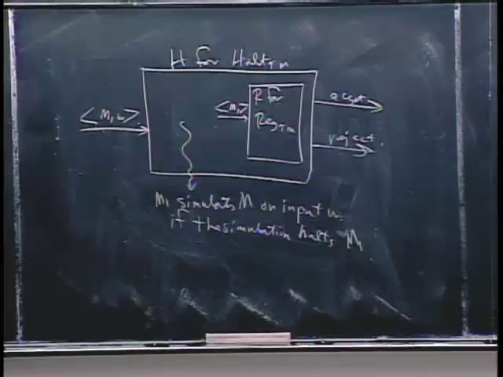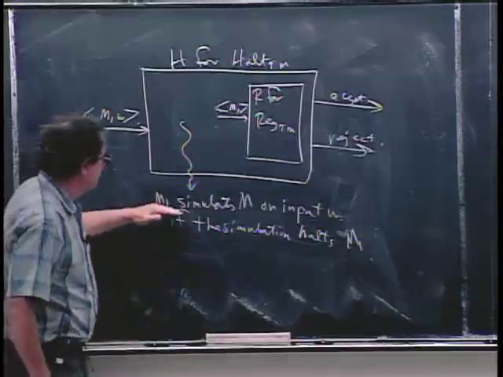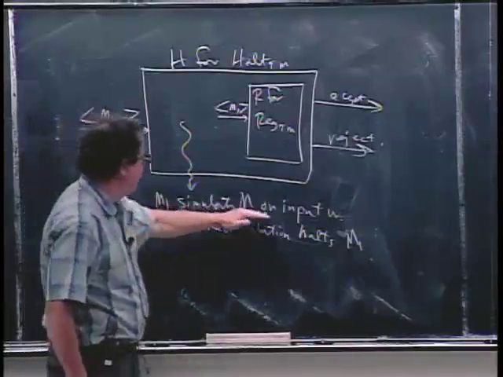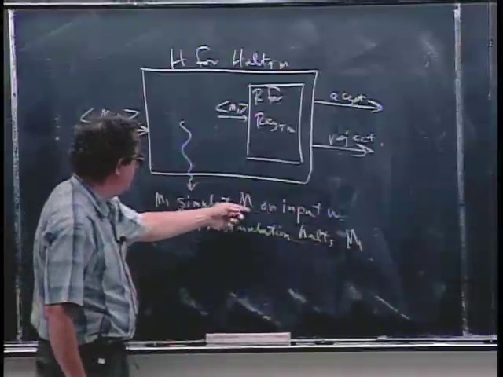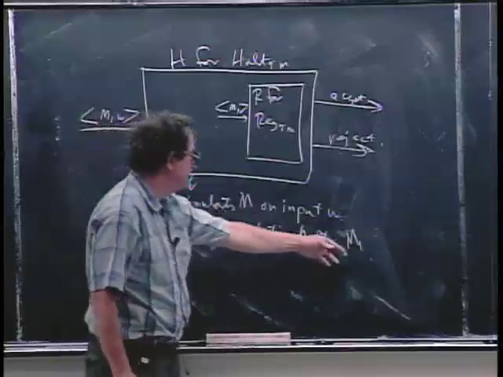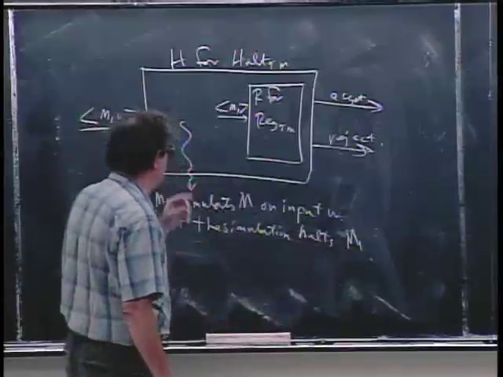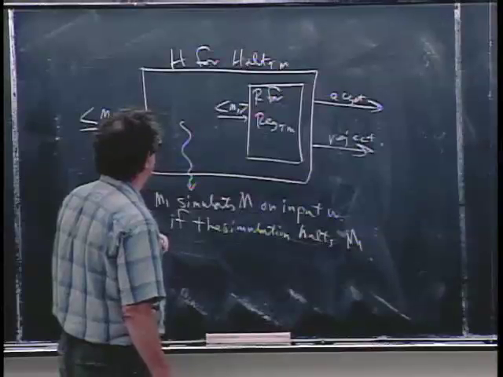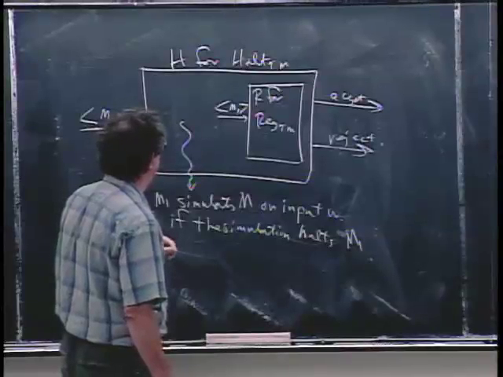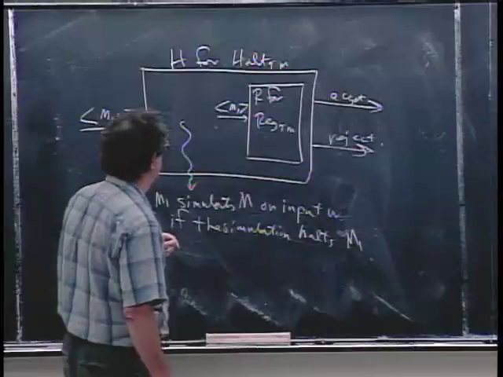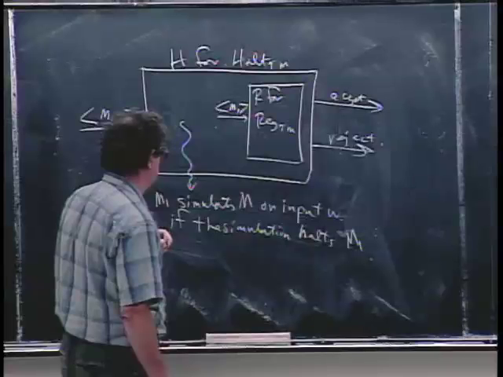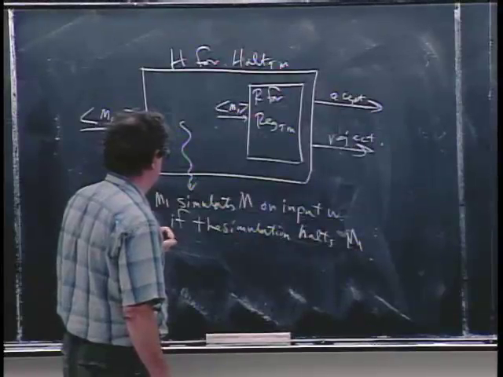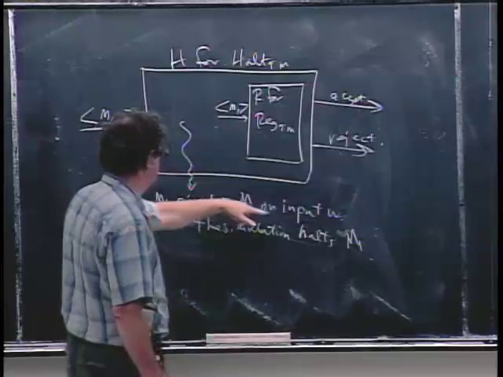Okay, it's not going to help. Okay, we've got to think. So M1 is going to simulate M on input W. Now what can happen is that M either halts or it doesn't. Okay, so if it halts, then what? Uh-oh, M1 simulates M on input W.